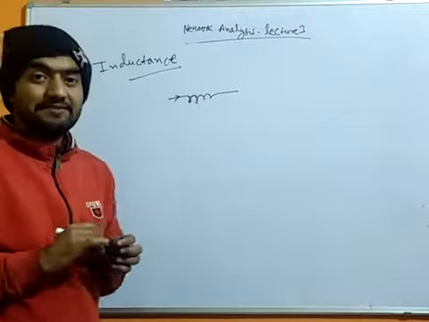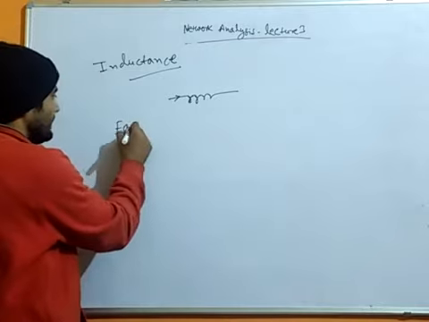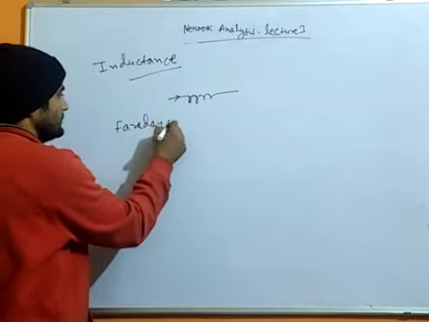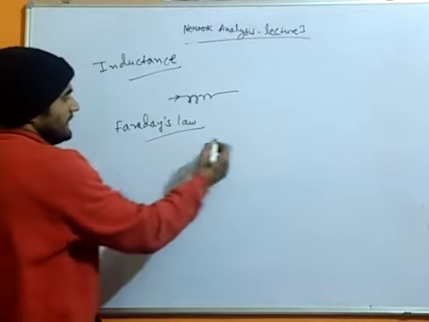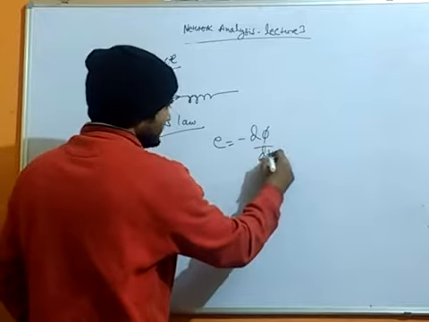Now come to the derivation of the inductance, and from Faraday's law we all know that E equals minus d phi by dt for a single coil.